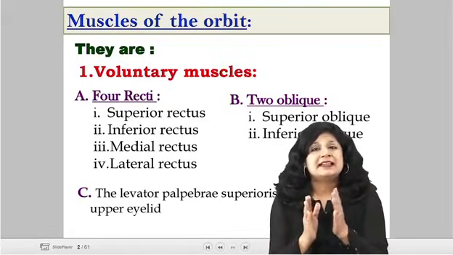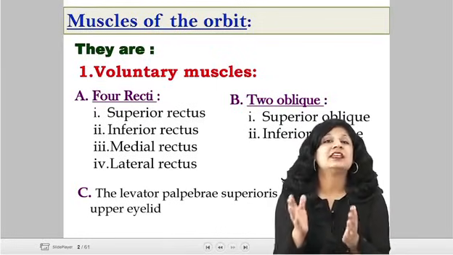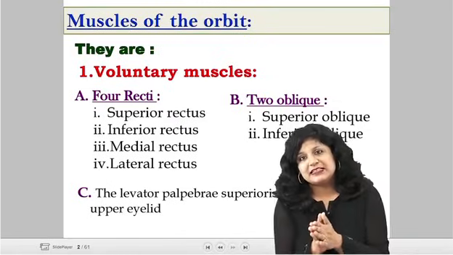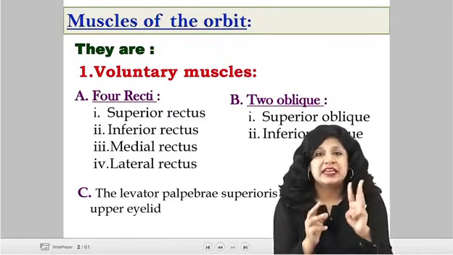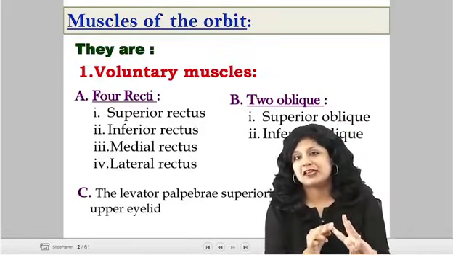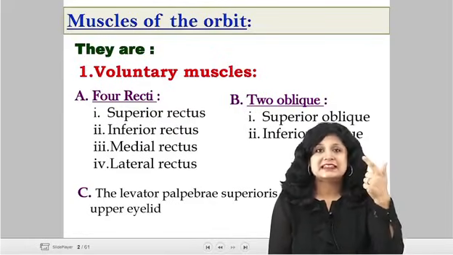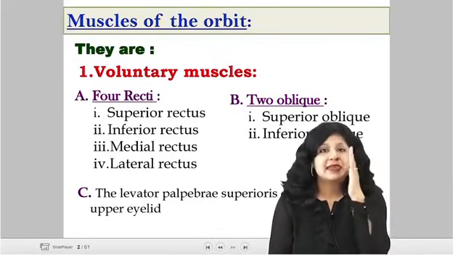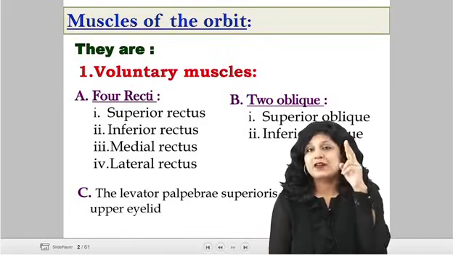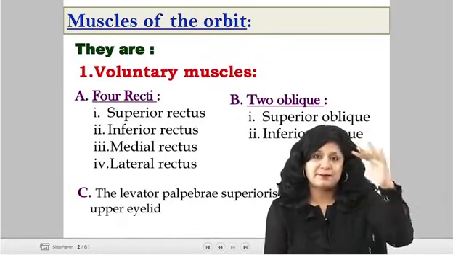We are more concerned with the voluntary muscles here, and these consist of three groups, called the extraocular muscles: the four recti (superior, inferior, medial and lateral rectus), the two obliques (superior oblique and inferior oblique), and the LPS muscle.